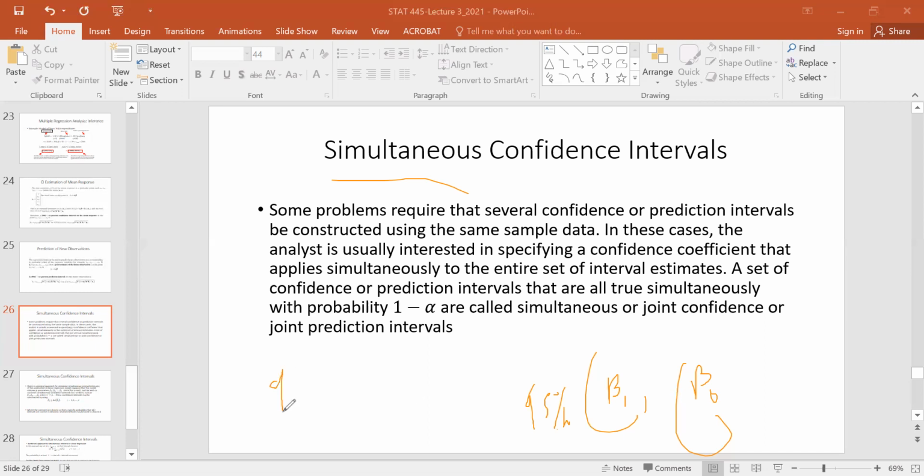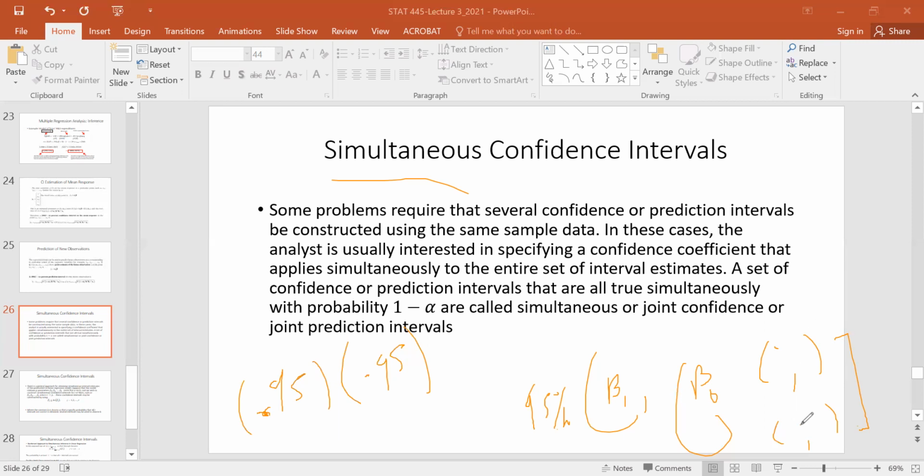This is the idea. If you do 0.95 for beta 0 and 0.95 for beta 1, a joint confidence interval says 95% true for beta 0 and 95% true for beta 1 jointly. Can you have two intervals? We can have an interval for beta 1, an interval for beta 0, and say we are 95% confident that beta 0 lies here, beta 1 lies here.